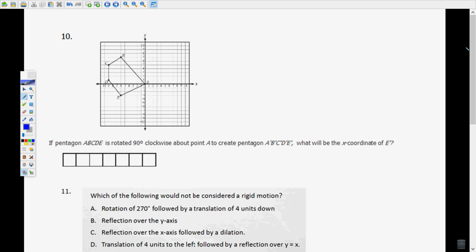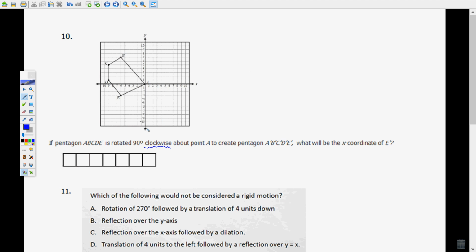Number 10 says, if pentagon ABCDE is rotated 90 degrees, now catch this, clockwise, about point A to create pentagon A prime, B prime, C prime, D prime, E prime, what will be the x coordinate of E prime?